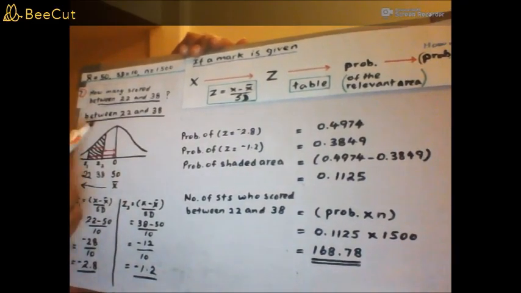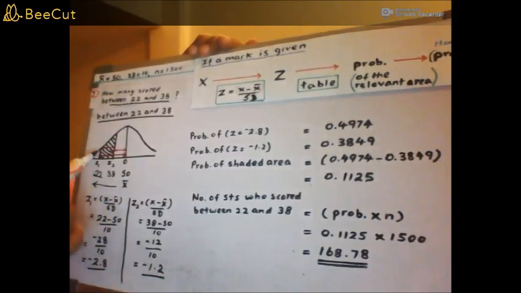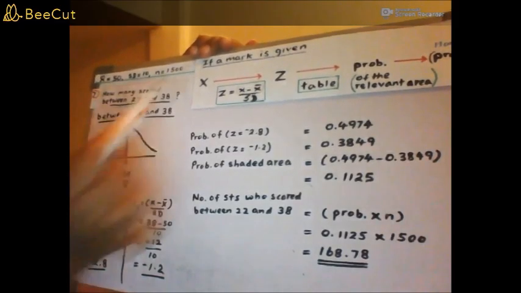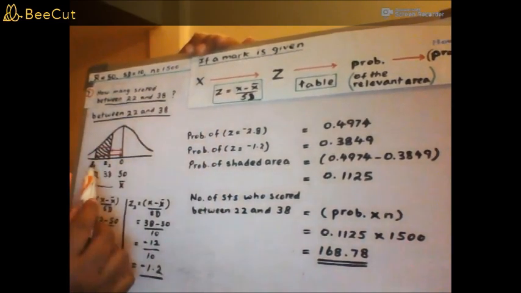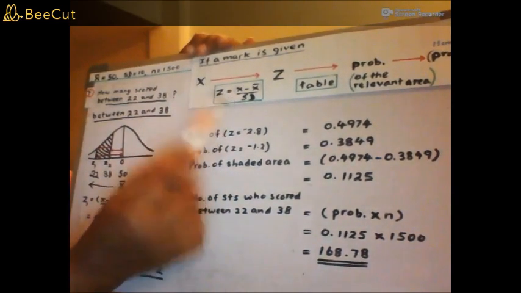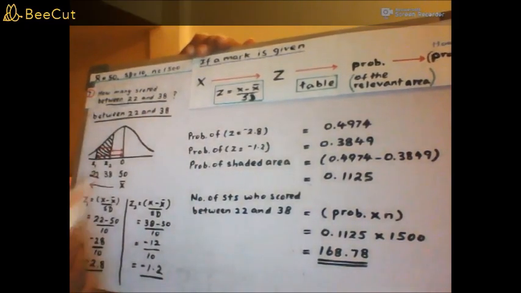And you write these things and put Z1 and Z2. Then what you have to do? You have to shade the area between 22 and 38. Now we have to find Z1 and Z2.